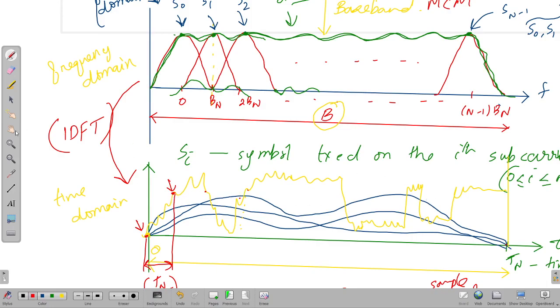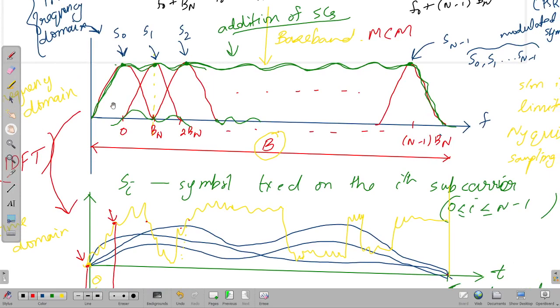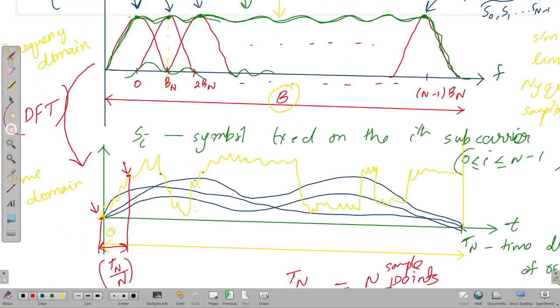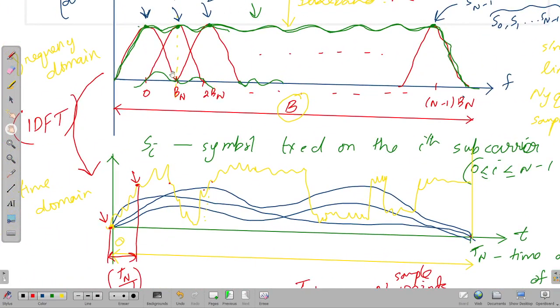So I have n number of points here, which are sampled in frequency by a gap of Bn, and I can have an equivalent time domain signal by taking the IDFT of these values.